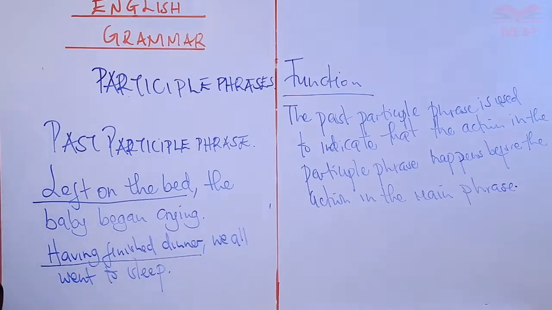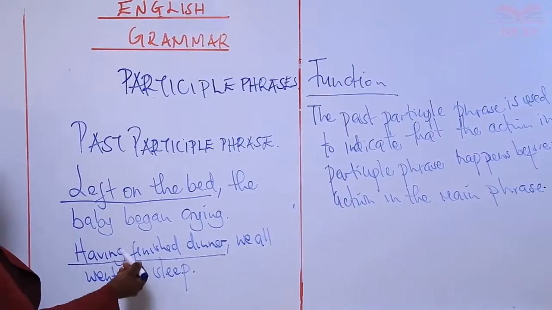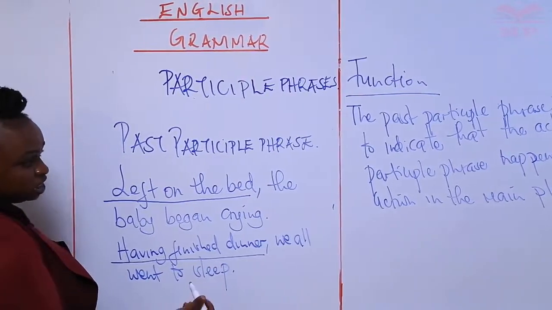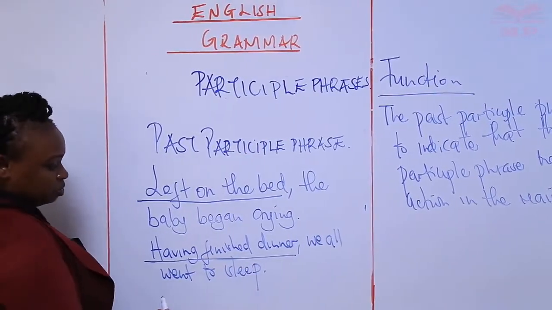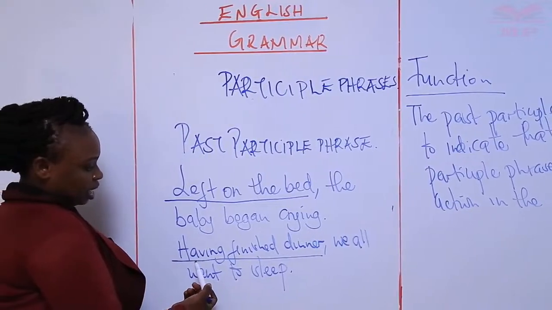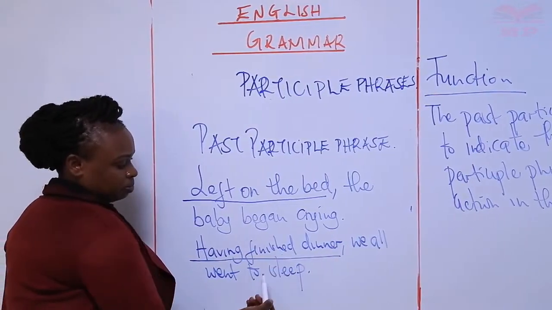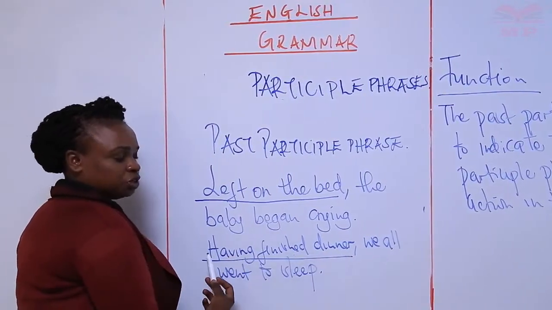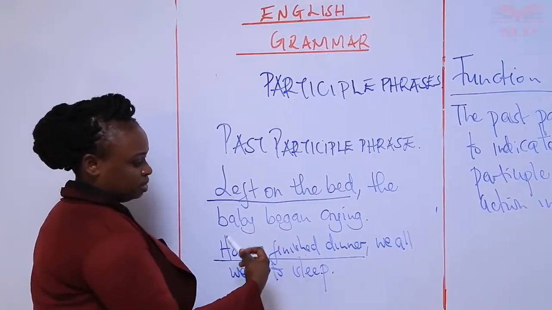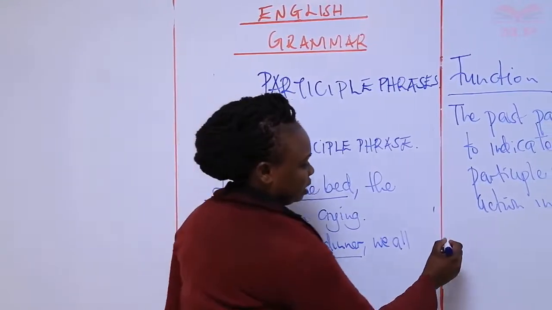So I'm going back to the second sentence, having finished dinner. I'm going to explain something about that. We can use having in front of a participle to indicate that one action finished before the other begins. So I'll just note that down.